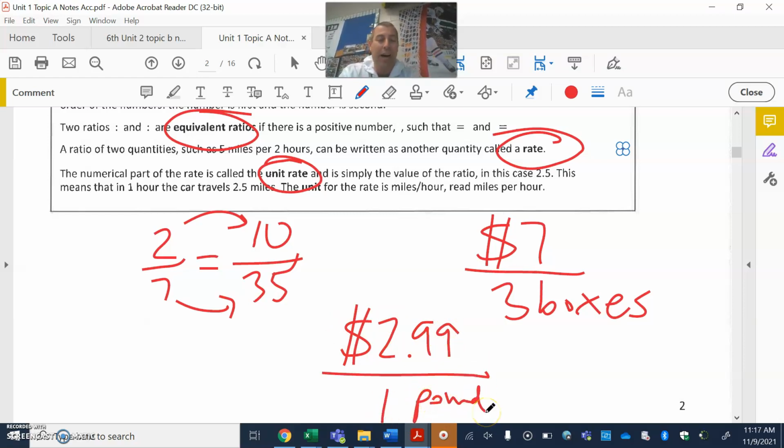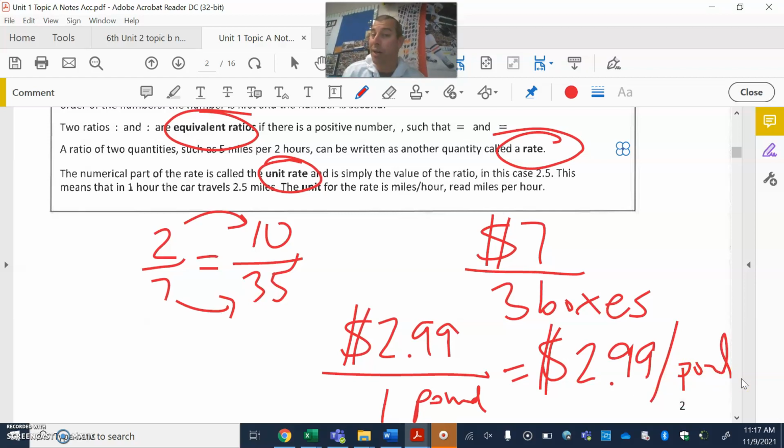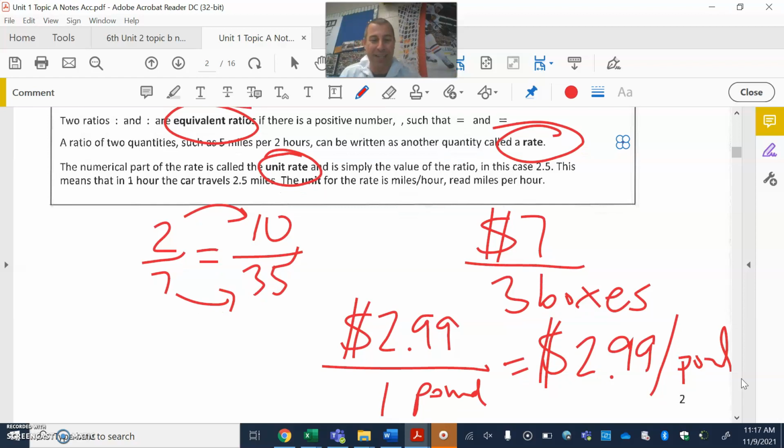To shorten things up, we end up seeing something a little bit different as well. That slash does mean per, and per does mean for one. So unit rate, per means for one, rate, how much for one of them. That's the kind of thing that we're looking at.